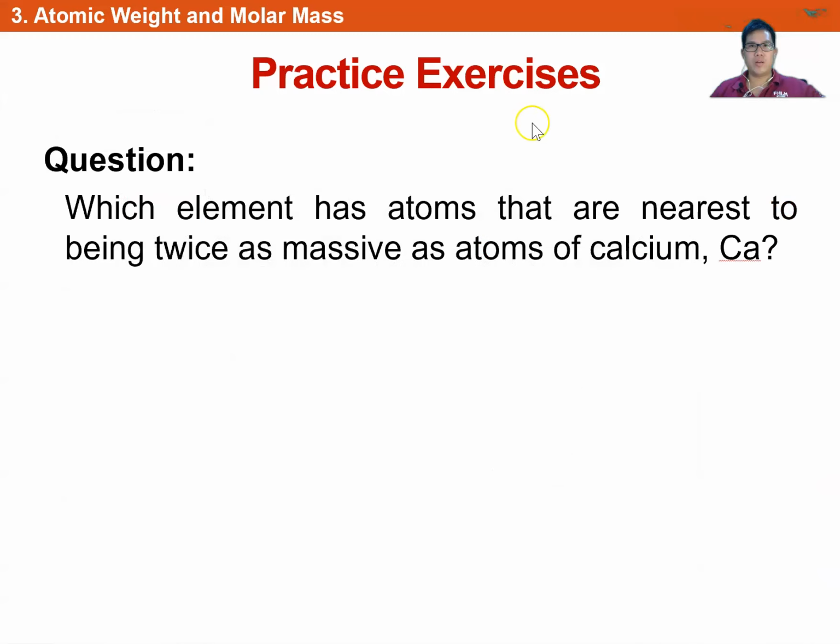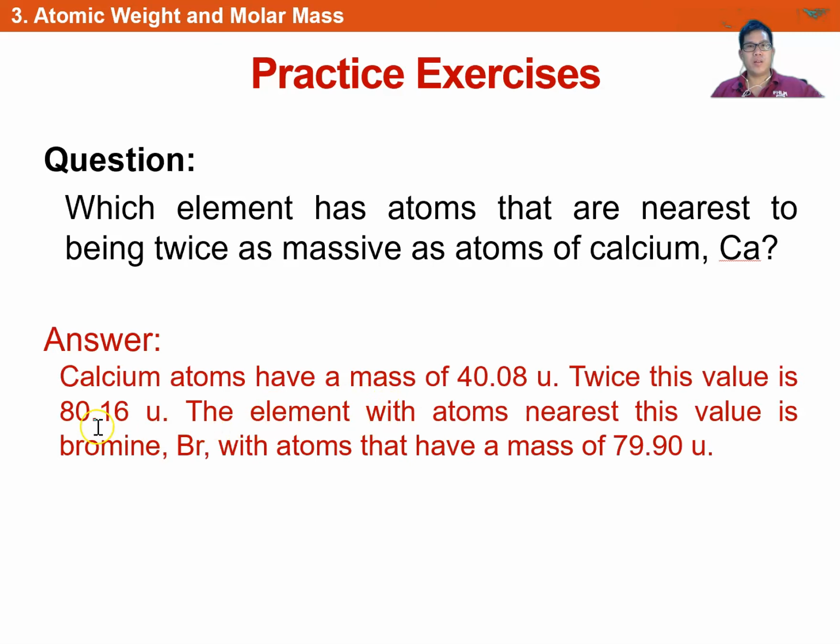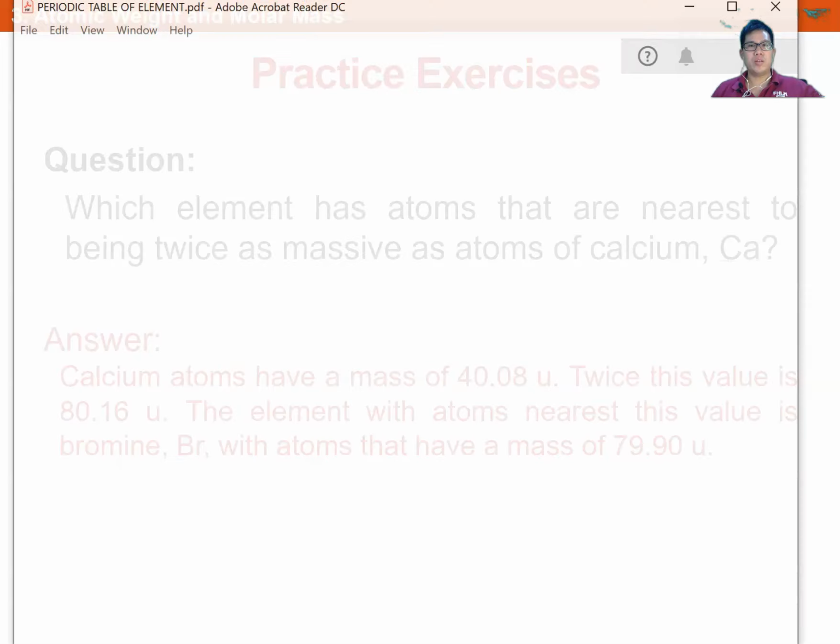So if it's twice as massive, it will be 80. What is nearest to 80? The nearest to 80 is bromine.